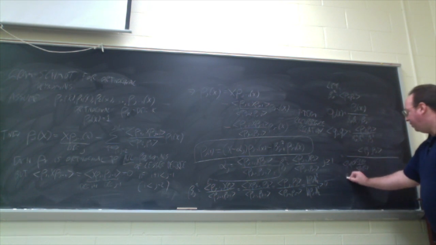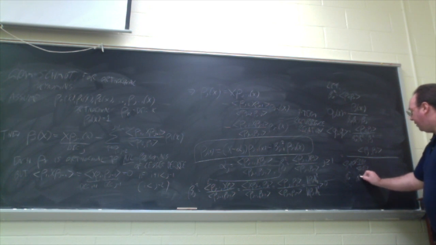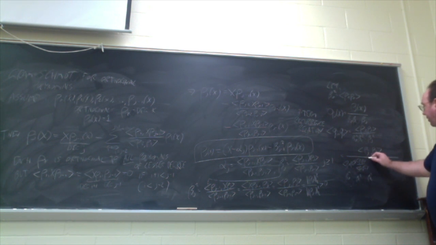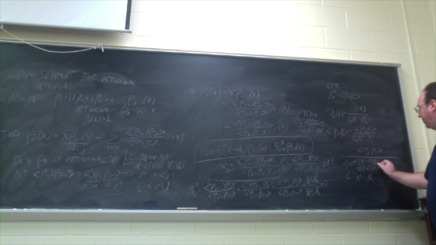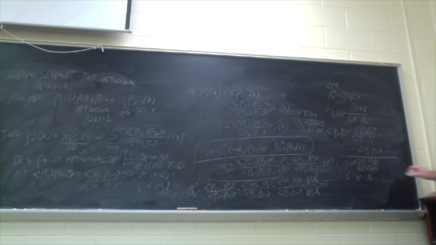Beta 2 squared is p2 over p1. So now the p1s cancel out. You can't see where this is going, right? So all the way down to the last one, beta j squared, which is pj over pj minus 1.